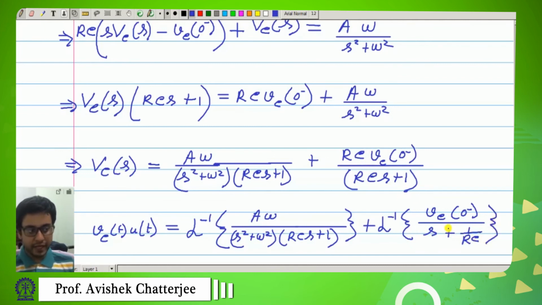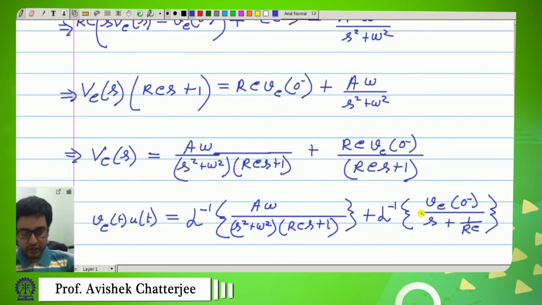All these manipulations I am doing because I want to bring this into the form of a combination of standard Laplace transforms. This part is already similar to a standard Laplace transform you may recognize. For this part, I have to apply partial fractions.